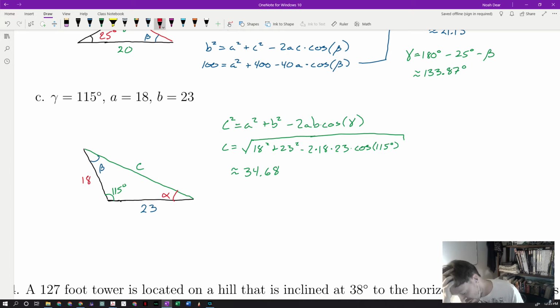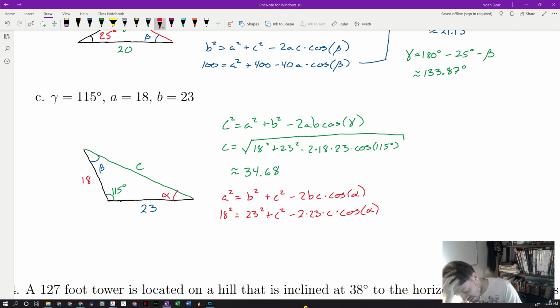All right, now we can go for alpha or beta. I'll go for alpha. So A squared equals B squared plus C squared minus 2BC times the cosine of alpha. A is 18, square that equals 23 squared plus C squared minus 2 times 23 times C times the cosine of alpha.